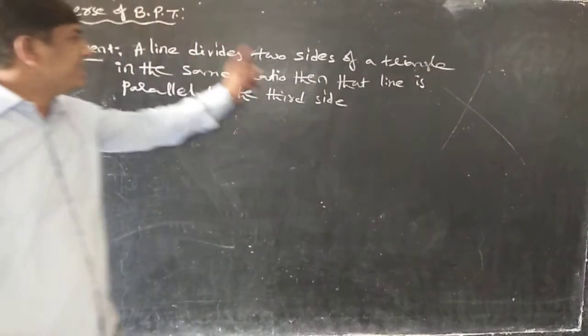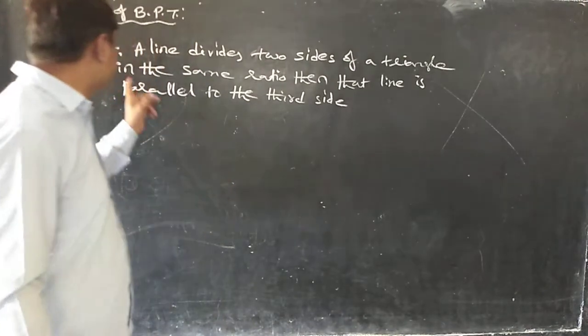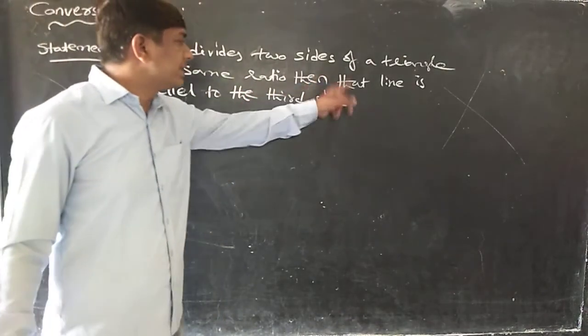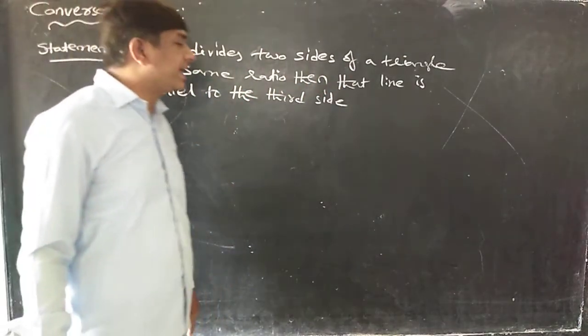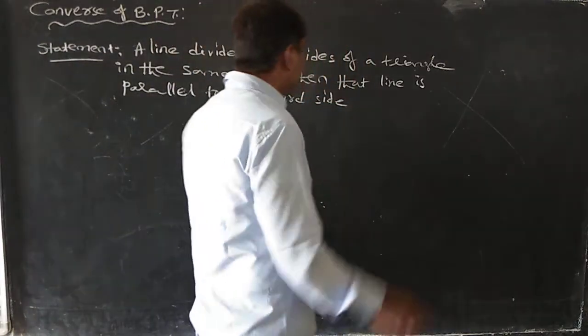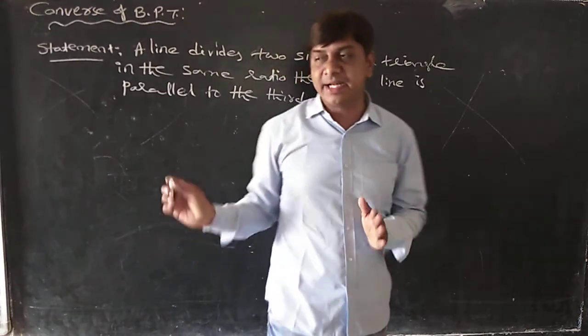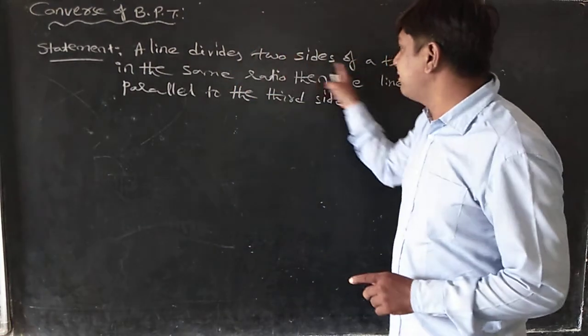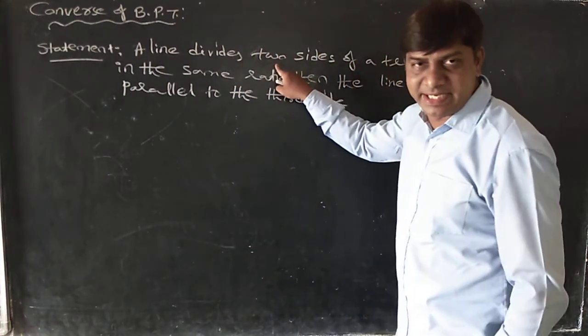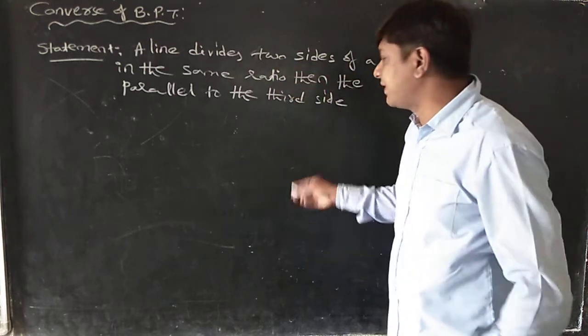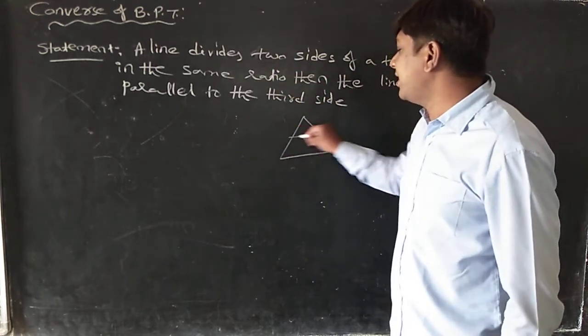A line divides two sides of a triangle in the same ratio. Here, the line is dividing two sides of the triangle in the same ratio.